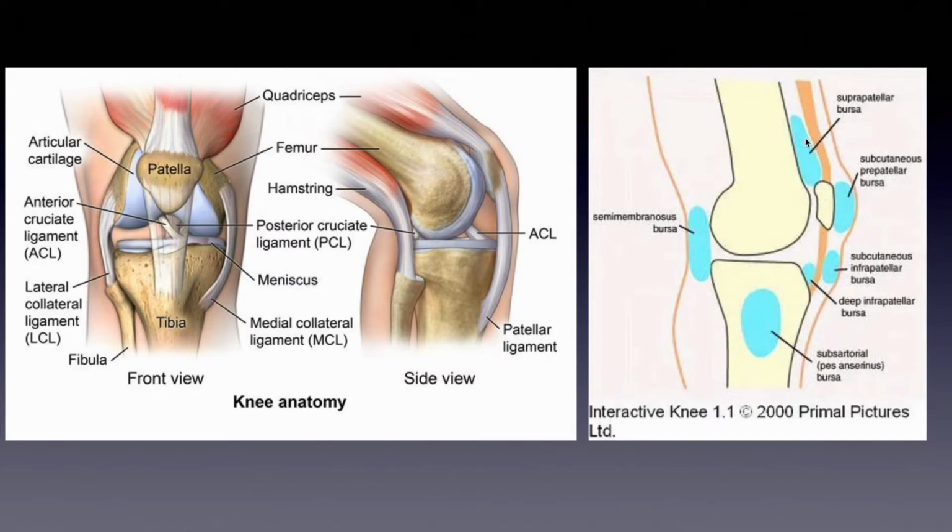We have the suprapatellar bursa above the patella, and below the patella we have the infrapatellar bursae, the deep and the superficial one. We have lots of them; I just want to mention these. The main point is that they are for protection, to protect the ligaments and the bones from friction stress.